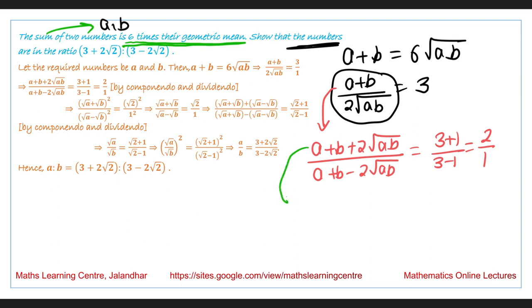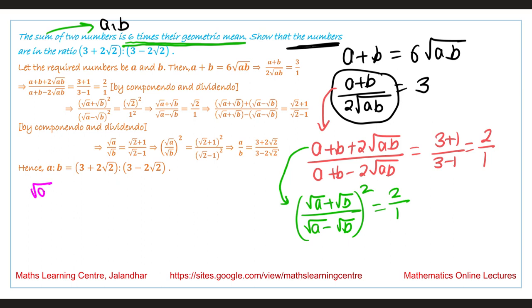Now this is the formula for whole square: (square root of a plus square root of b) divided by (square root of a minus square root of b) whole square is equal to 2 by 1. So we obtain that (square root of a plus square root of b) divided by (square root of a minus square root of b) is equal to square root of 2 by 1.